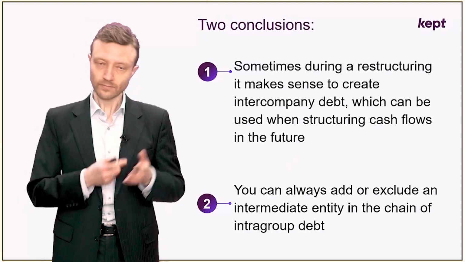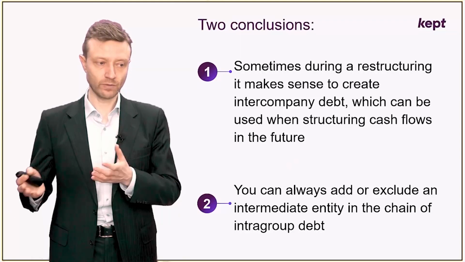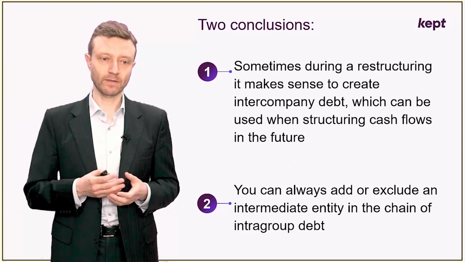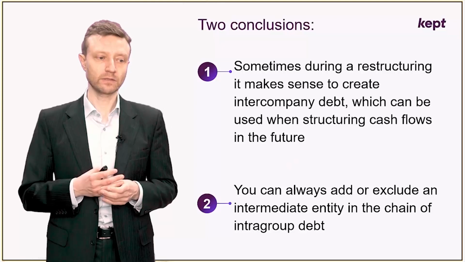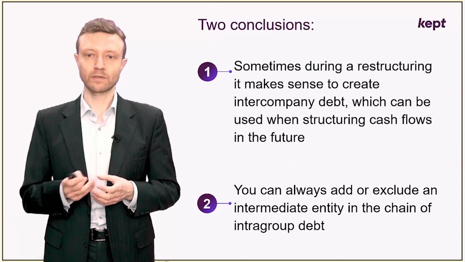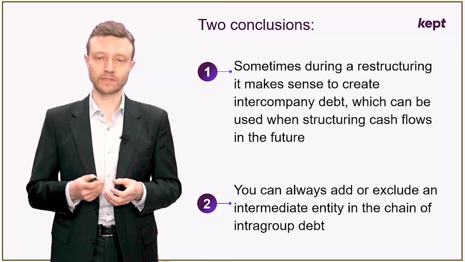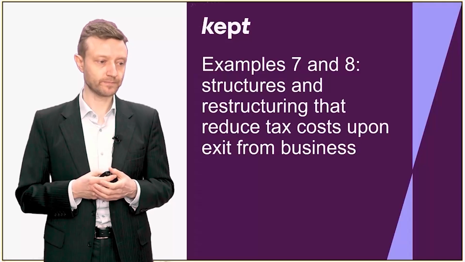Okay, and by the way, both things, creating debts and changing the debt structure, can be made in a tax efficient manner, and even some tax benefits can be achieved along the way.